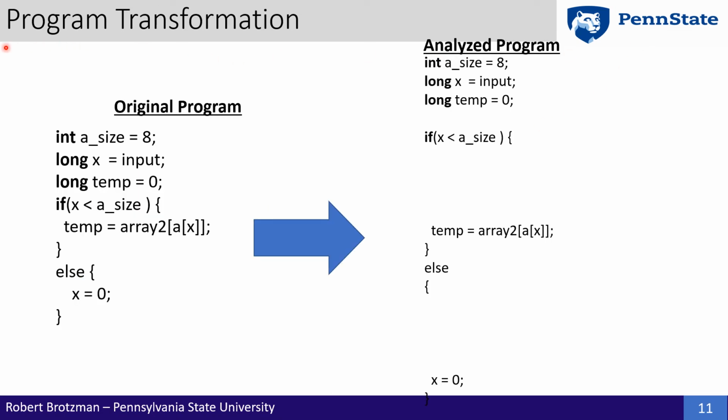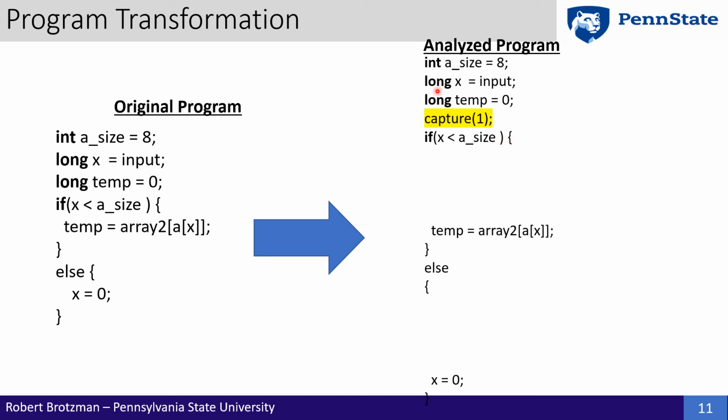Now we'll take a look at how we can apply our program transformation to a program that has a Spectre vulnerability. And here on the right, we have the transformed program that we will feed to our analysis. Now to begin, we first need to introduce a capture command before we enter either of the if condition blocks.